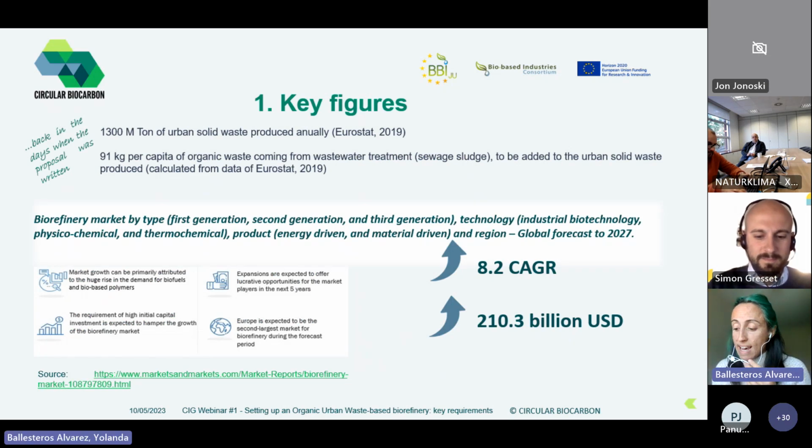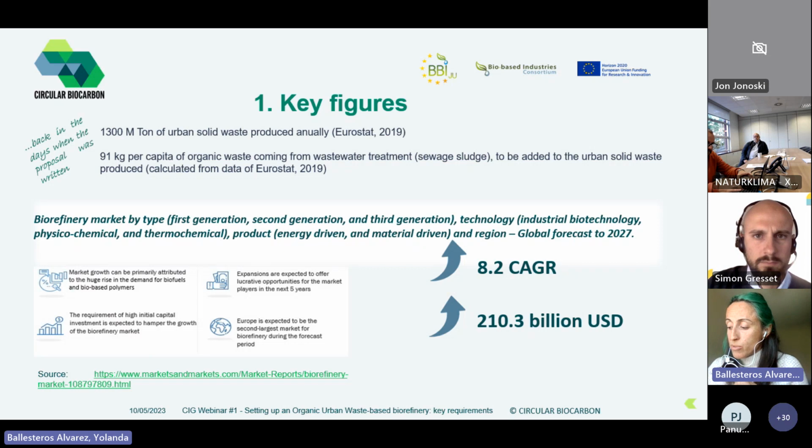Okay, waste has, as my colleague Marisa has remarked, high potential as feedstock for the production of high quality building blocks, materials, and products. It is produced in high quantities all over the world, providing ample opportunity for opening new markets. The consortium of Circular Biocarbon, as well as for sure other organizations in Europe, already have noted this.